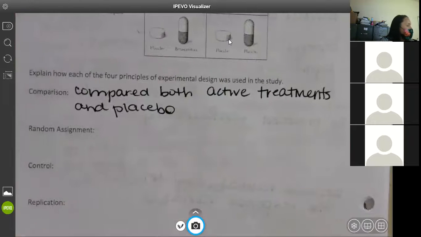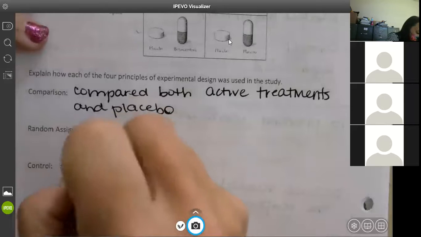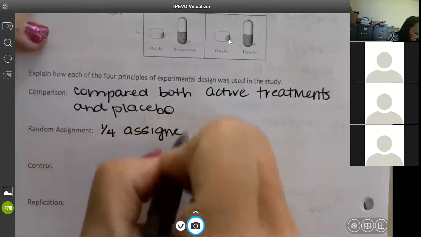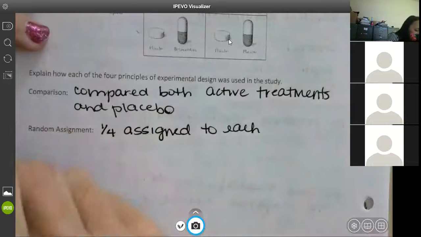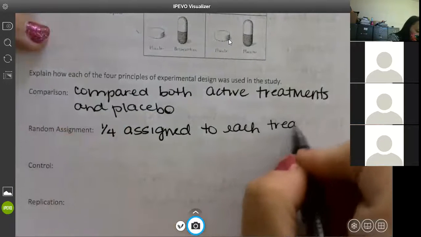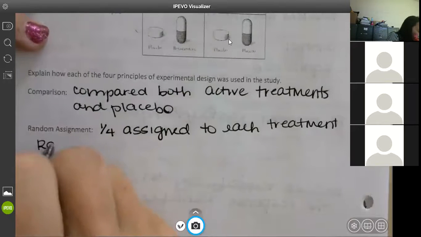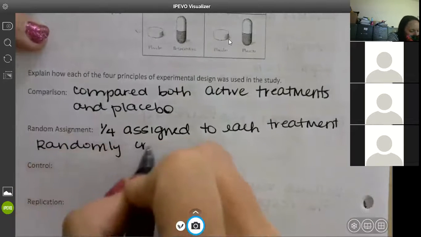Where does it talk about random assignment in the problem? Oh, one fourth would be given the active and the non-active. One fourth assigned to each treatment randomly, creating four equal groups.